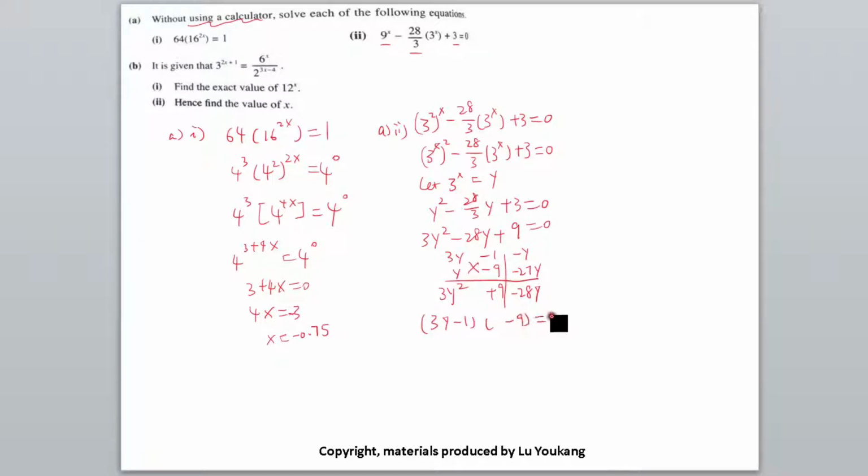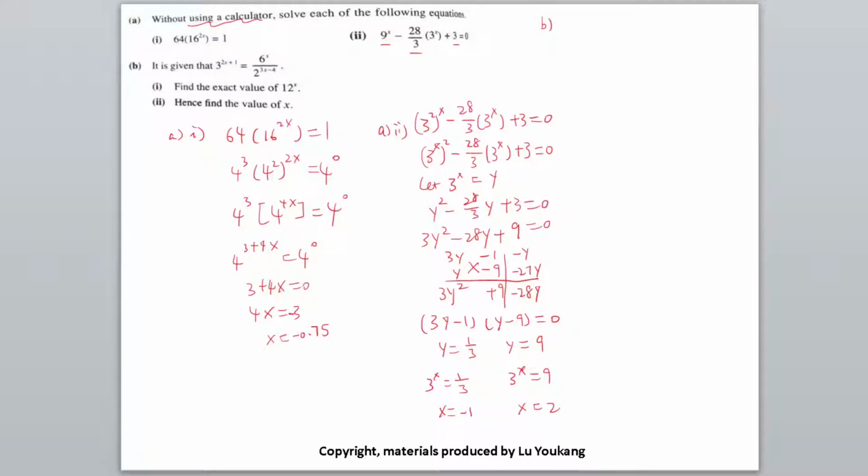So I get bracket 3y minus 1 bracket y minus 9 equals 0, and therefore y equals 1/3 and y equals 9. When y equals 1/3, 3 to the power of x equals 1/3, therefore x is minus 1. When 3 to the power of x equals 9, x equals 2. So I have two sets of values.